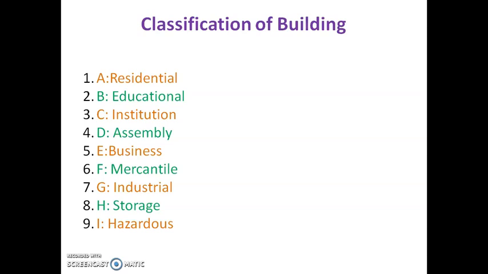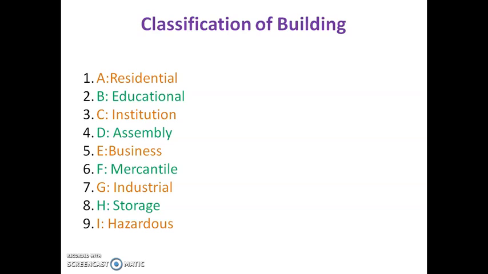Now residential means where we are supposed to sleep and cook simultaneously. That building is known as a residential building. Educational buildings, for example primary schools, colleges.